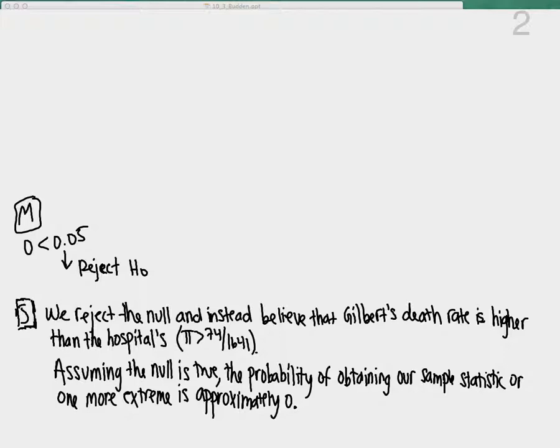Okay, so then you're going to say this is very rare. So we doubt the initial claim.